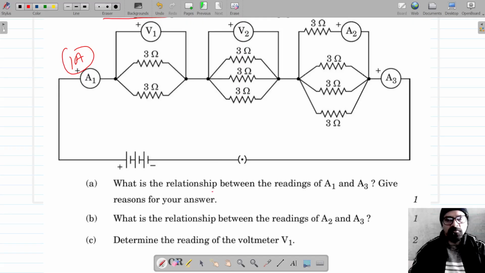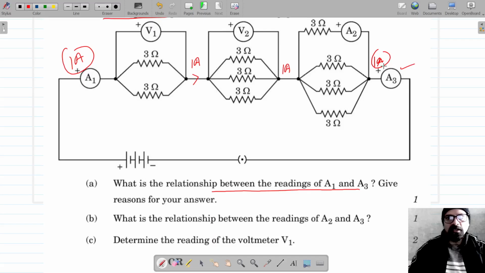Okay, what is the relationship between the readings of A1 and A3? So if the current here is 1 ampere, when the current passes through these three, it will come out as 1 ampere total current. The current is distributed equally in these three, and it comes out to be 1 ampere here. It is distributed equally in all these four, and it comes out to be 1 ampere here.